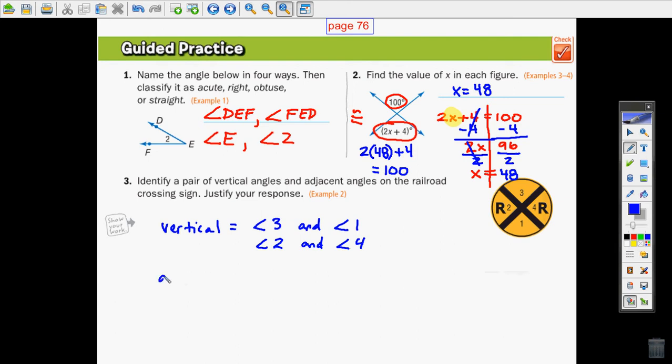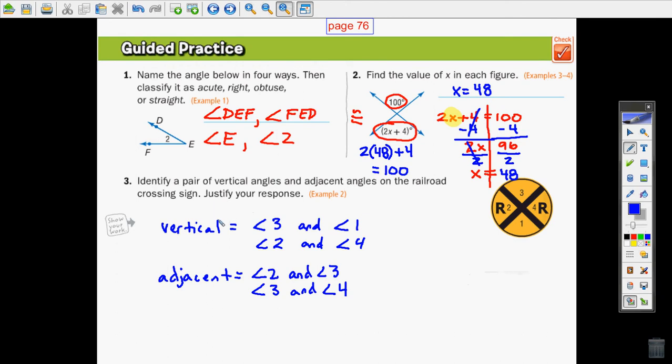For our adjacent angles, remember adjacent doesn't mean straight across from, it means right next to. So whereas vertical means across from, adjacent means right next to. So here we've got 2 and 3. We've got 3 and 4. Now I'm only going to put 2 down, but you can see there are several more adjacent angle pairs. 4 and 1, 1 and 2, okay?